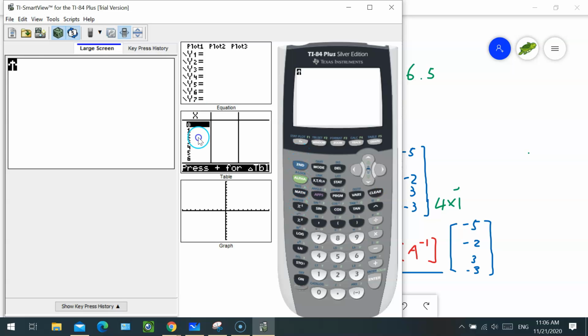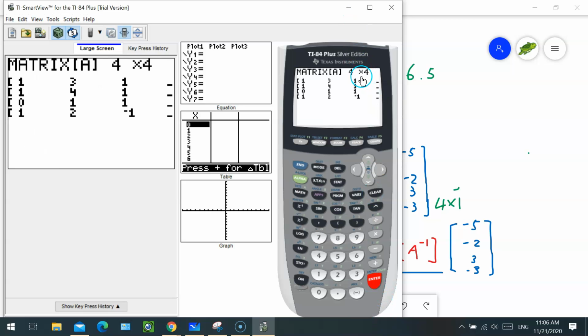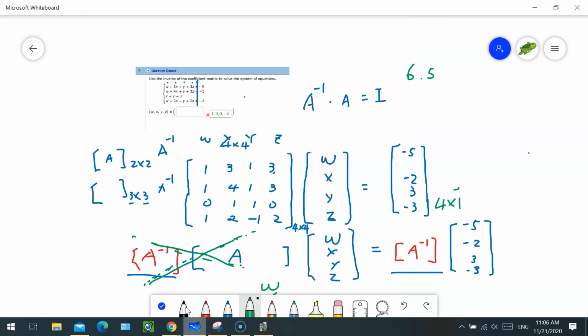So I have the second matrix. You go to edit. You hit the enter key. The first matrix A, I create a 4x4. So I just input the numbers, 4x4. And then you just type in the numbers based on the left-hand side matrix you have.